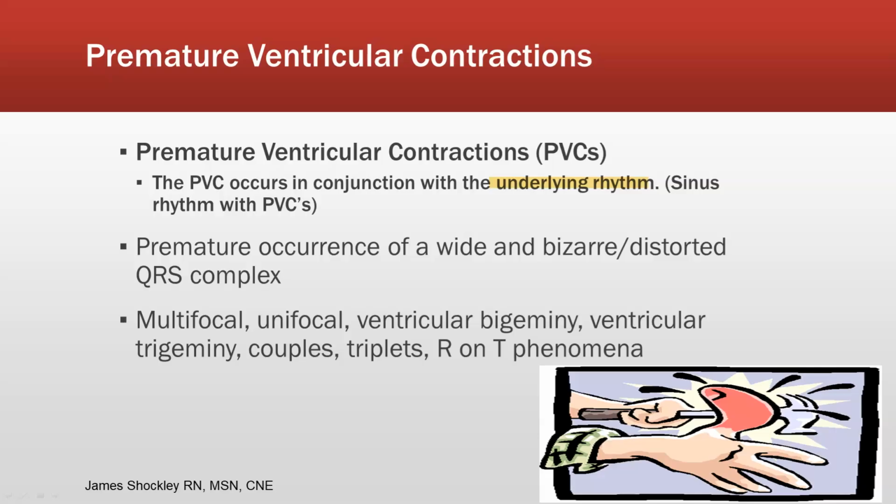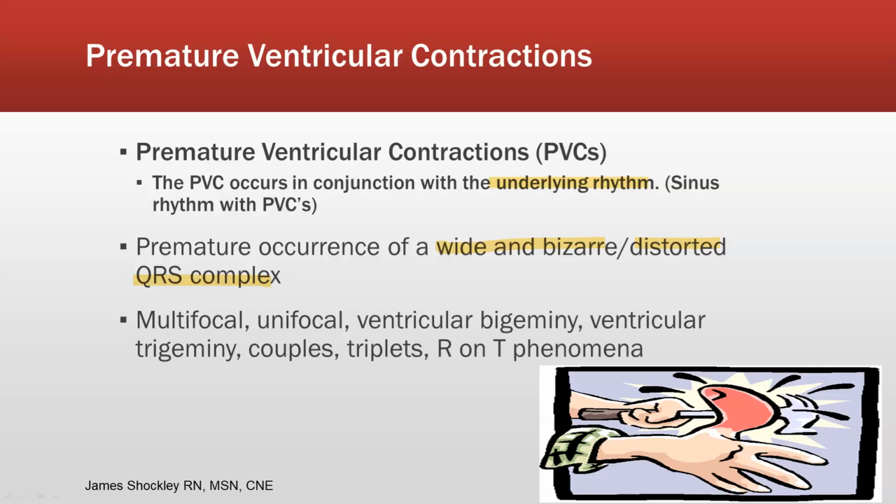Instead of being early and having a skinny QRS, you will notice that these have a very wide, bizarre, distorted QRS complex. Remember, the QRS is the ventricles contracting, and that's what we're seeing, an extra beat of that heart.